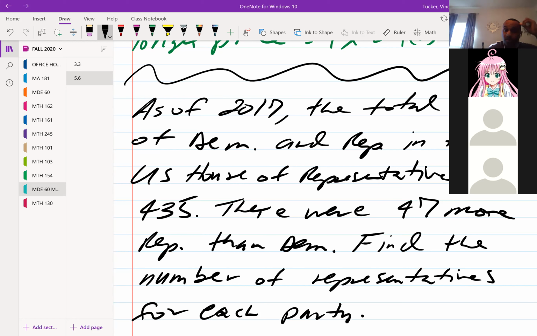All right, so we have, as of 2017, the total number of Democrats and Republicans in the U.S. House of Representatives was 435. There were 47 more Republicans than Democrats.